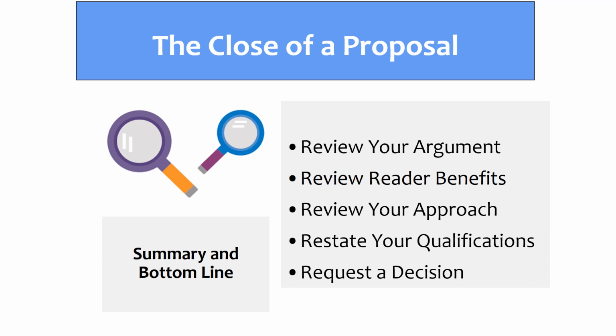So in the close of a proposal, normally the content is these. In the first one, reviewing your argument, what you briefly do is summarize the key points and bring back audience attention to the importance of the proposal. What is the importance of proposing your idea? We do this here. The next one is the readers' benefits.